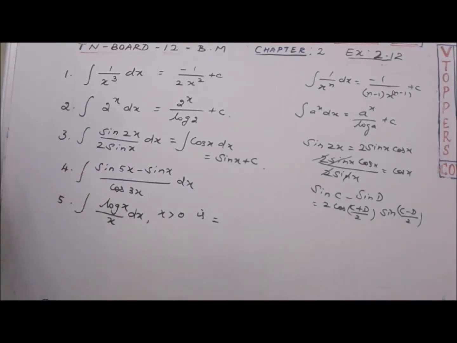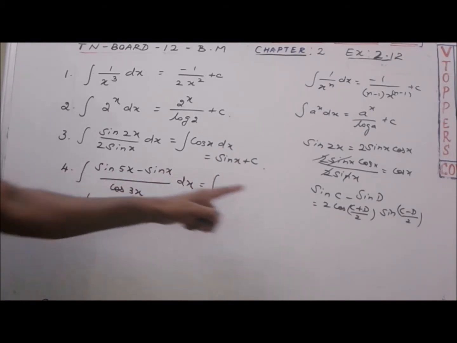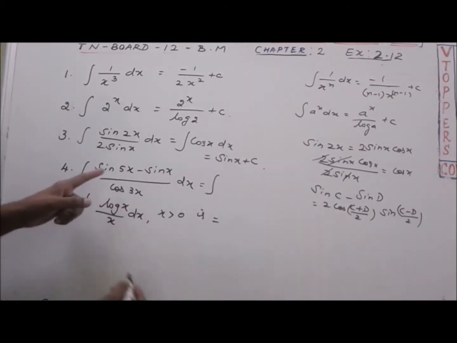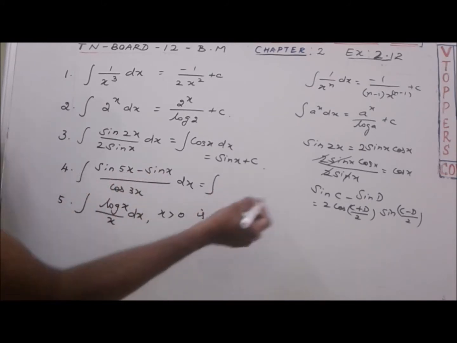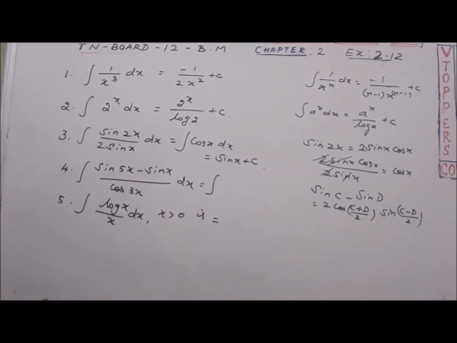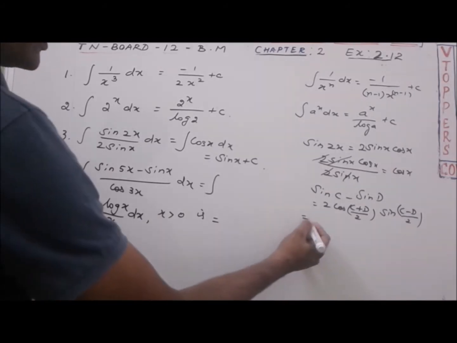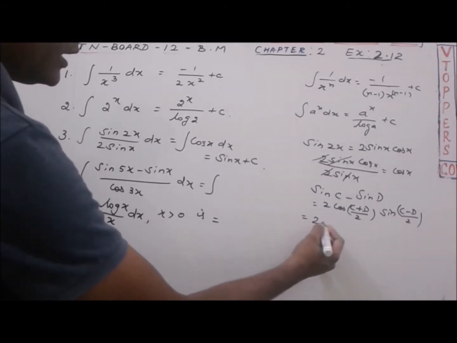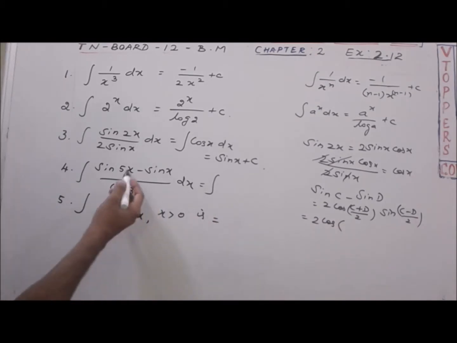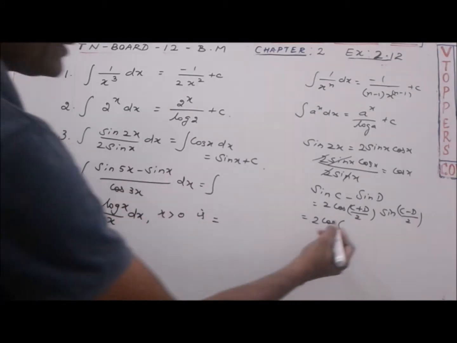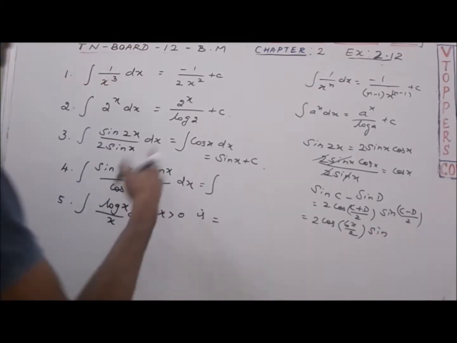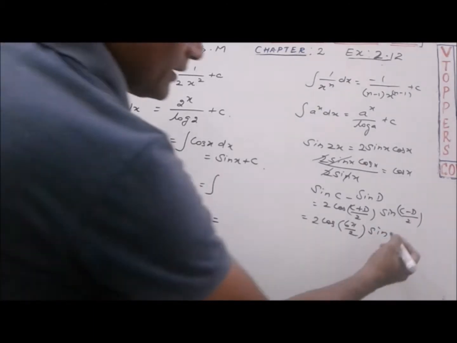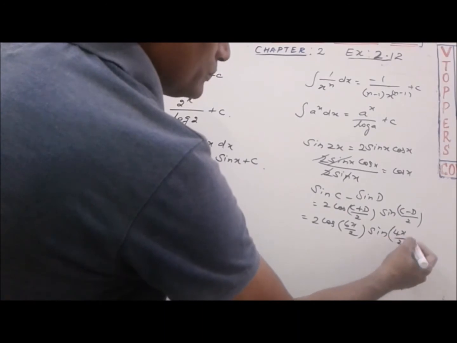Substituting here, the numerator is written with c as 5x and d as x. So 2 cos of (5x plus x) by 2, which is 6x by 2, and sin of (5x minus x) by 2, which is 4x by 2.